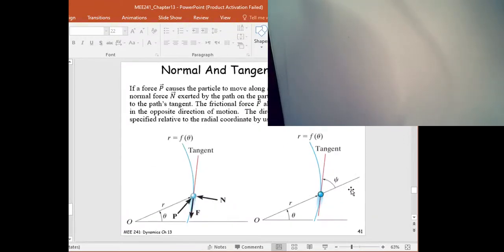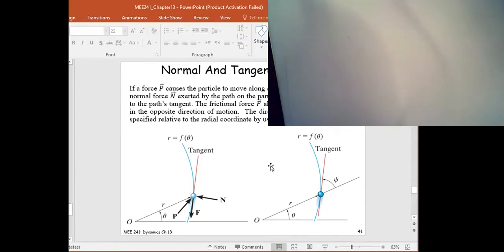So this is what I was describing earlier about the angle phi. The angle phi is the angle between the radial line and the tangent, and we can use this angle because we want to relate the forces with accelerations. This is helpful because I know the normal is always perpendicular to the tangent, and I already have the acceleration provided to me in the radial direction.